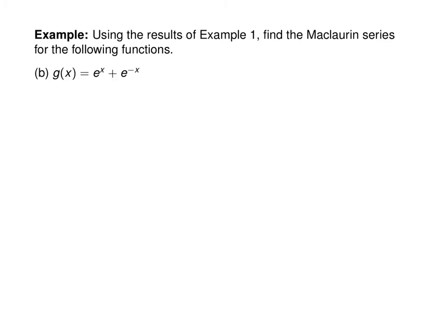Alright, here we have e to the x plus e to the negative x. So e to the x will be given by a sum from n equals 0 to infinity, x to the n over n factorial. And e to the negative x will be given as a sum from n equals 0 to infinity, negative x to the n over n factorial.